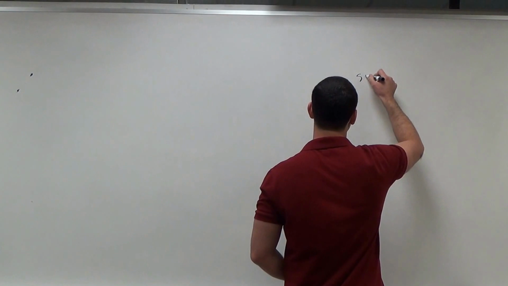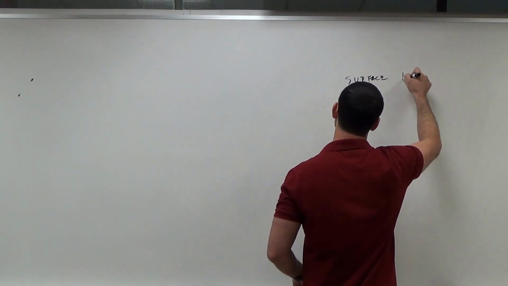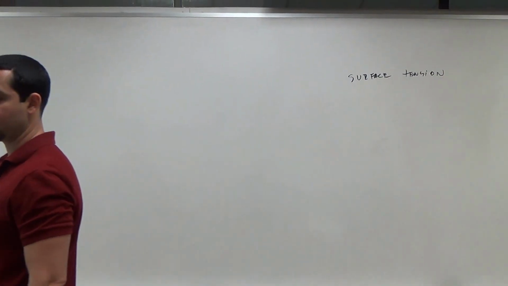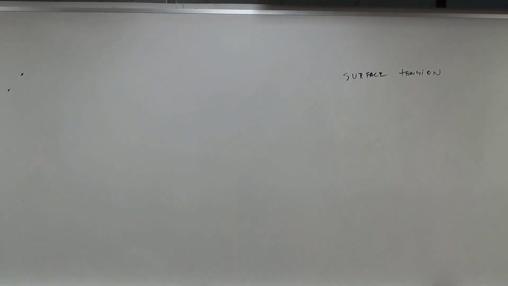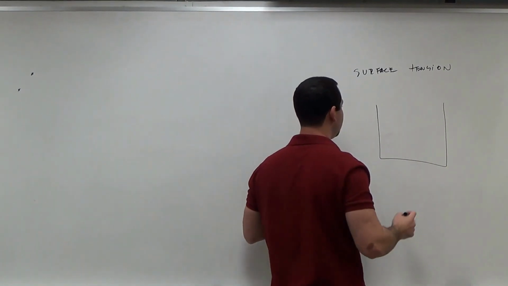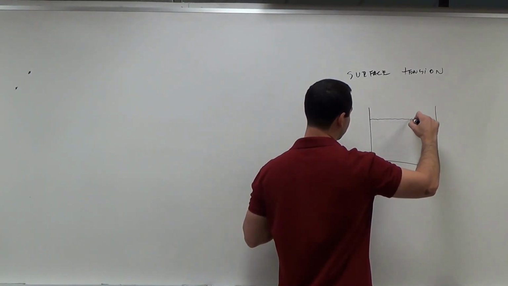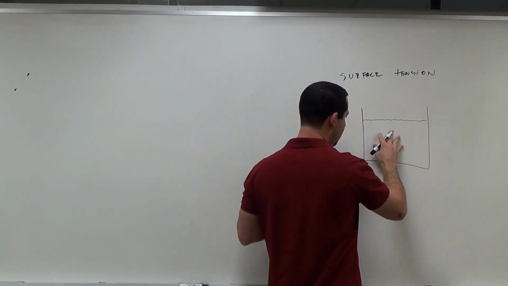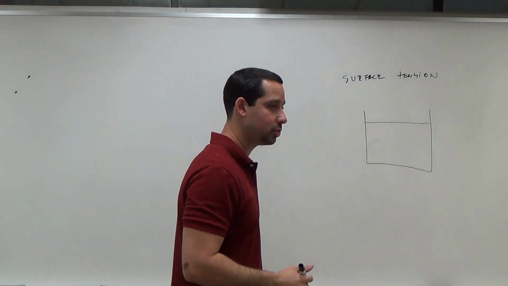Let's talk about surface tension. So let's say you have a beaker, and the molecules in here are called the bulk molecules.